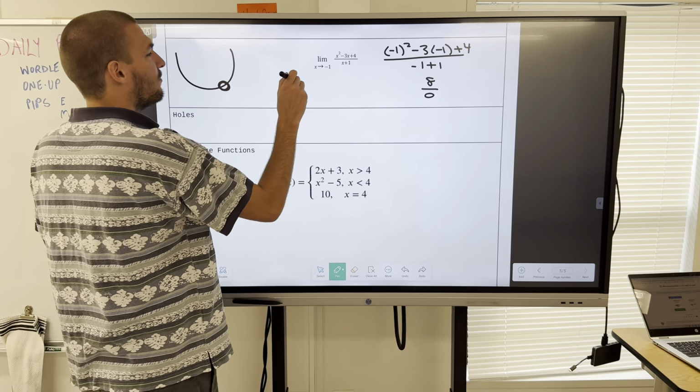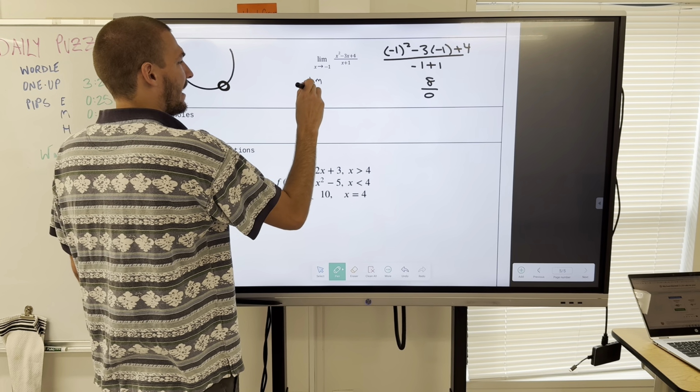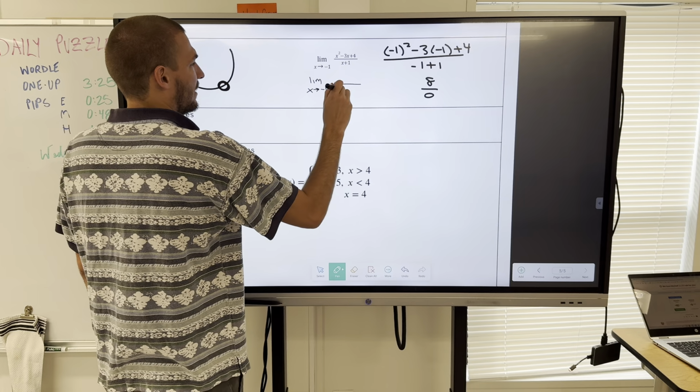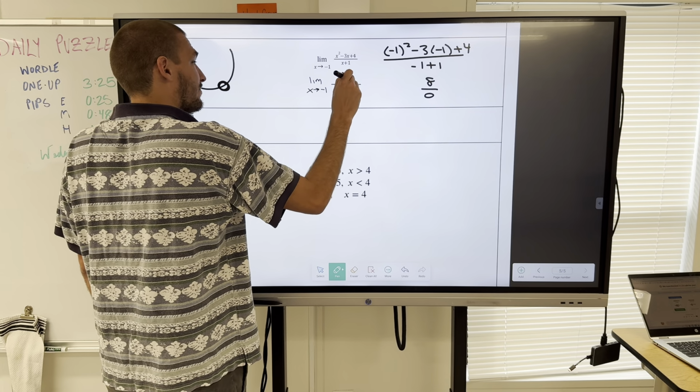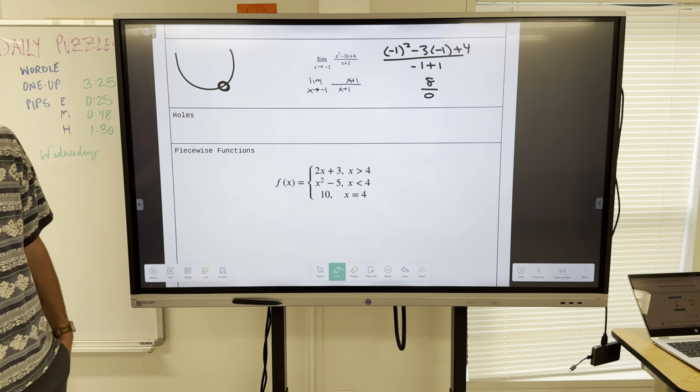So what we're going to do is write on the next line, limit as x goes to -1, x plus 1 on the bottom. We're probably going to have an x plus 1 on the top, just being honest, just predicting, because that's how these questions work.